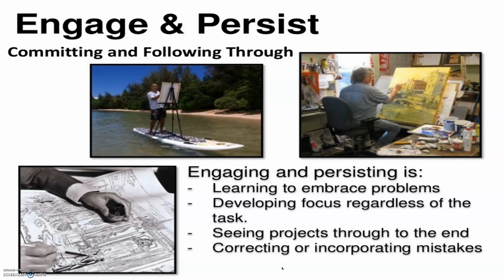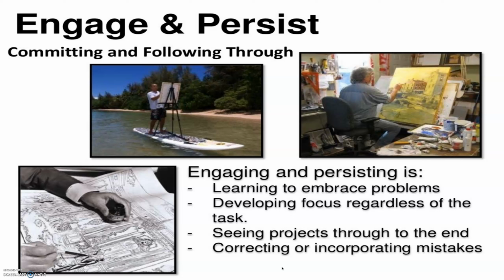So that means that you need to remember and learn how to develop focus, okay? You also have to see projects through to the end. And then the most important thing is when you make a mistake, you learn either to correct it or to incorporate it and make it work in your artwork. Okay, maybe change the direction of your artwork in order to embrace that mistake.